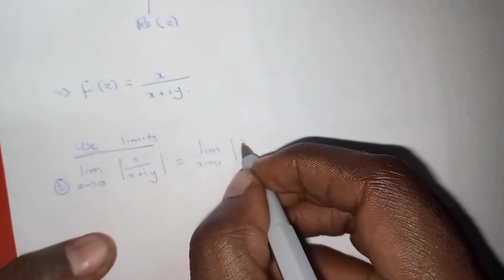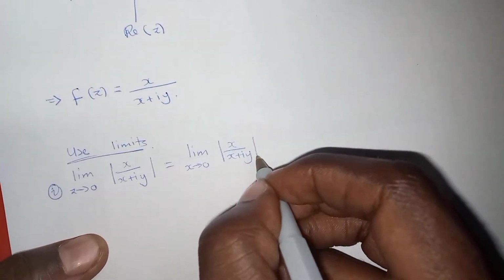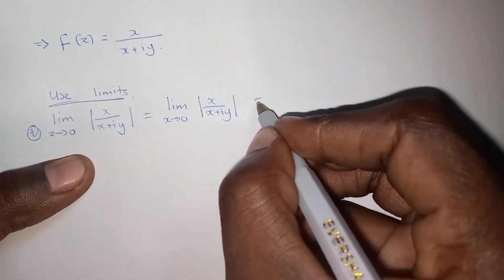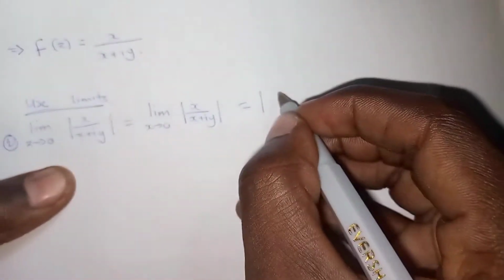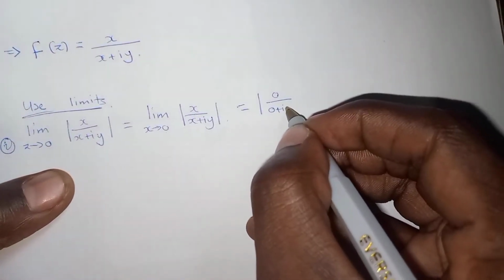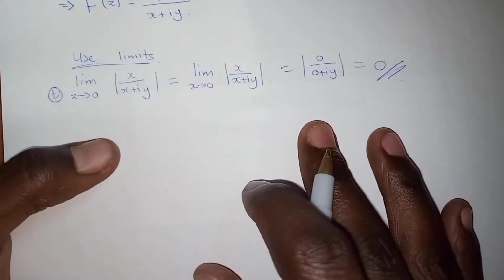So we're going to have x over x plus iy. This time we substitute zeros everywhere there is x. So we're going to have 0 over 0 plus iy, like that. So this one is technically a 0.